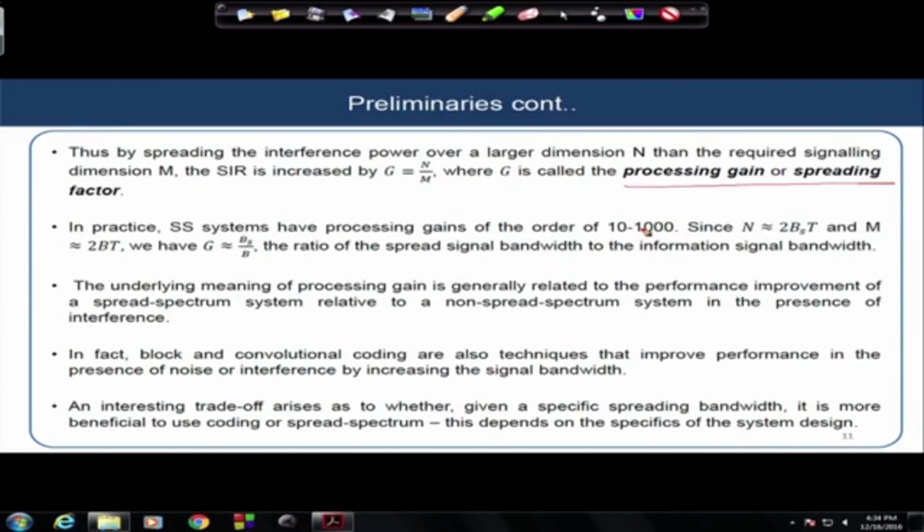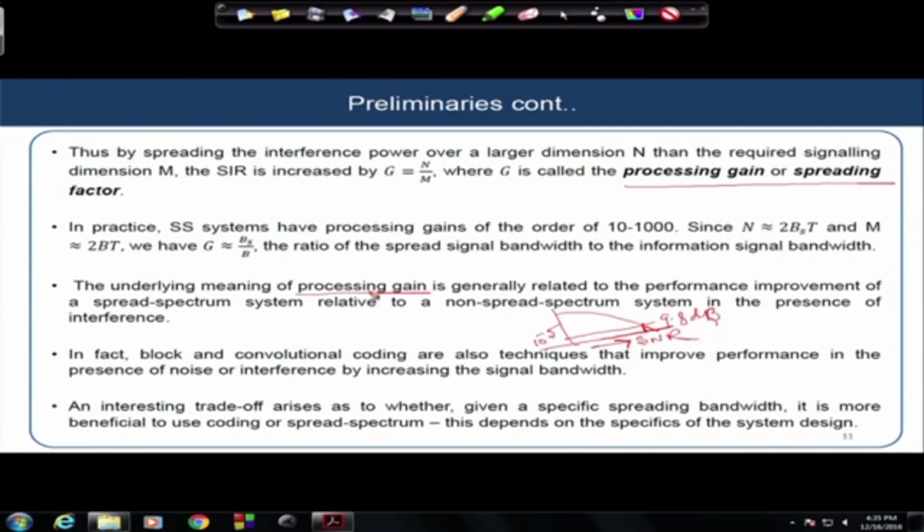The underlying meaning of this processing gain is in the bit error rate of any modulation scheme with respect to Eb by N naught, or SNR. Suppose we are getting a 10 to the power minus 5 bit error rate at an SNR of say 9.6 or 9.8 dB for BPSK communication systems.